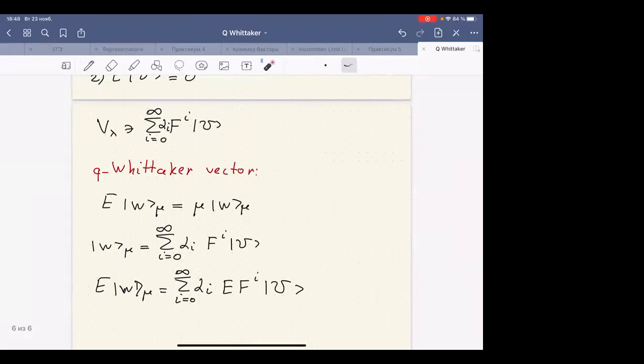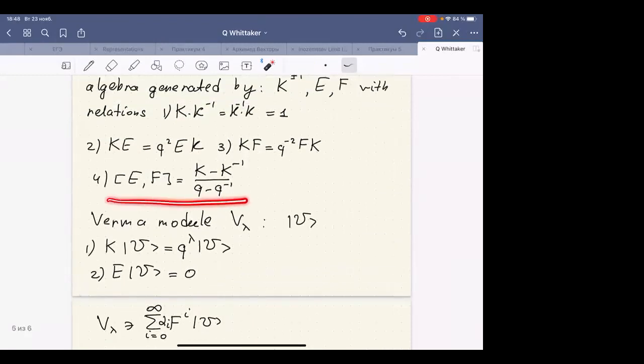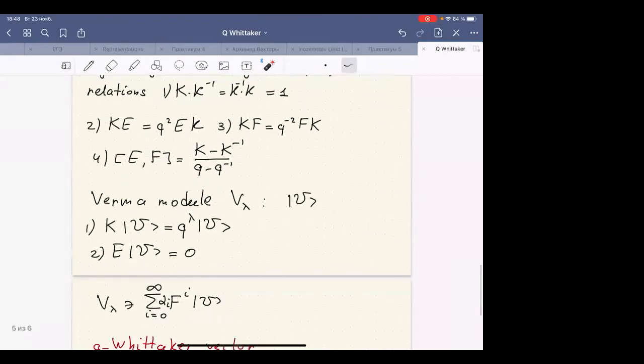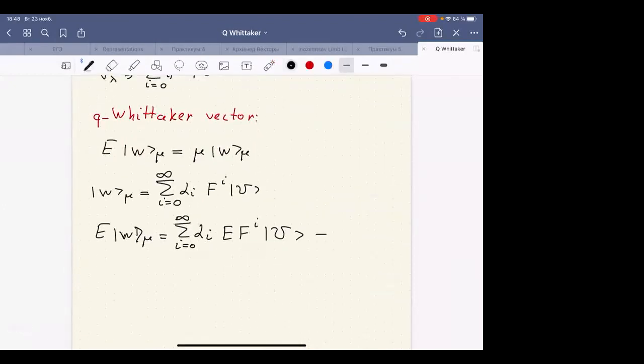Now we want to move E to the right. We use this relation to do it. And thus we will get a sum from 0 to i minus 1.